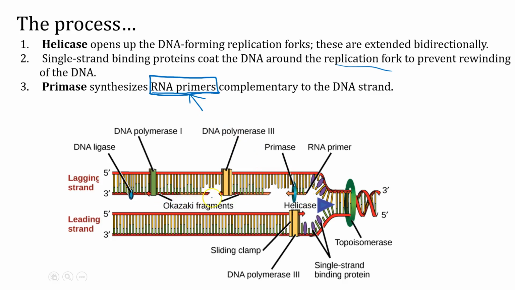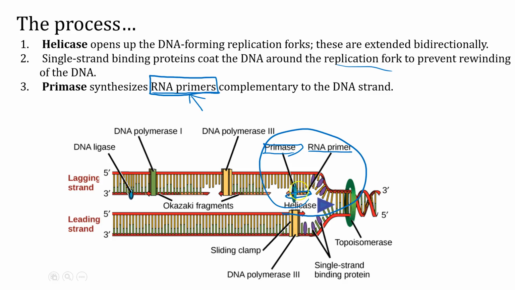So you can see, right here is kind of where this is all happening. As soon as helicase has unwound and broken through the DNA, this enzyme called primase is going to bind to that region and create a short little RNA primer. That's this little strand that you see that's being made. It's going to be complementary to the original strand.